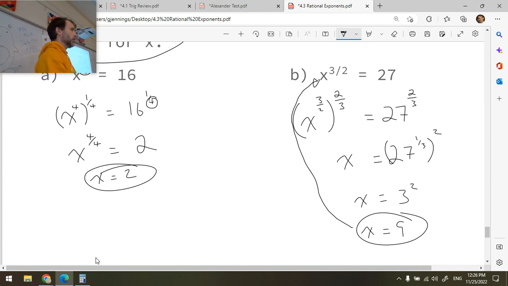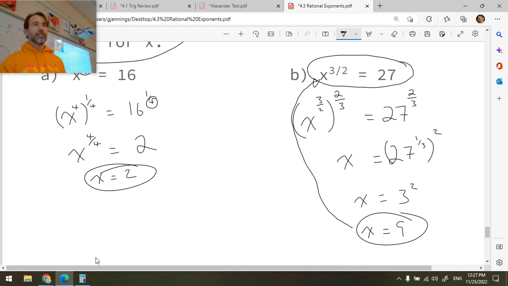That number is 3. 3 times 3 is 9. And then I remember, well, I was doing not 9 to the 1/2, but 9 to the 3/2. So I need to take the answer 3 and multiply it by itself 3 times. And I find that, yes, indeed, that is 27. So 9 satisfies that equation.